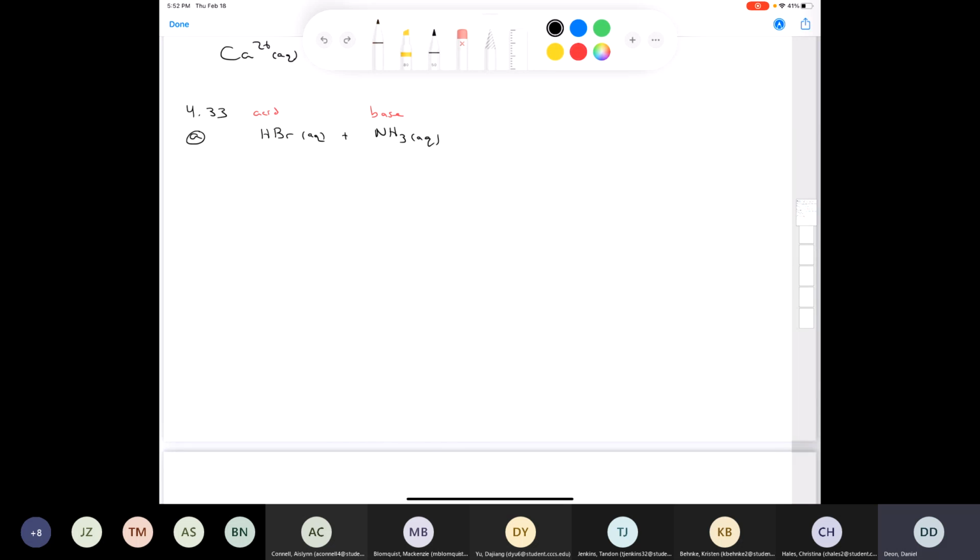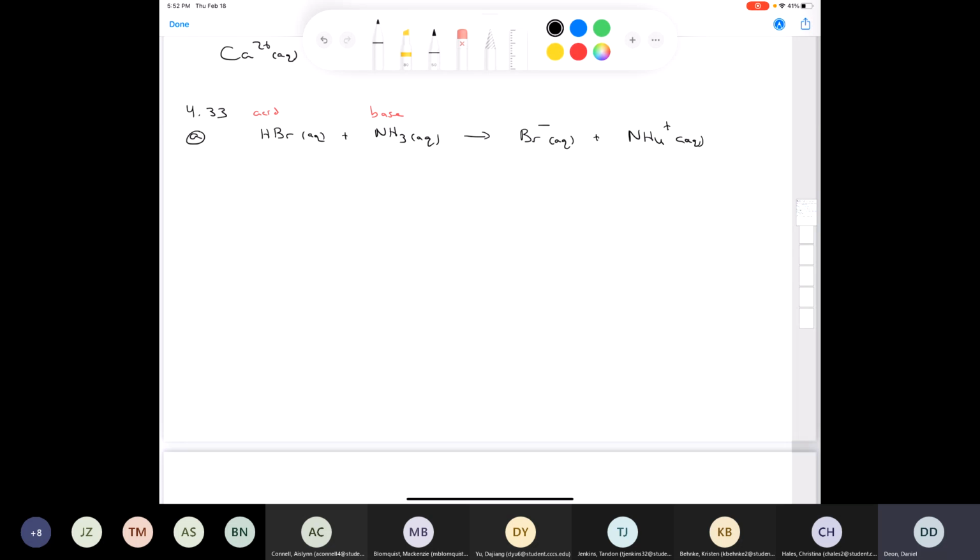So if the acid donates a proton, I'm going to end up with Br minus left over, just the bromide ion. And if the base accepts a proton, I don't have NH3, I have NH4 plus aqueous, like that.